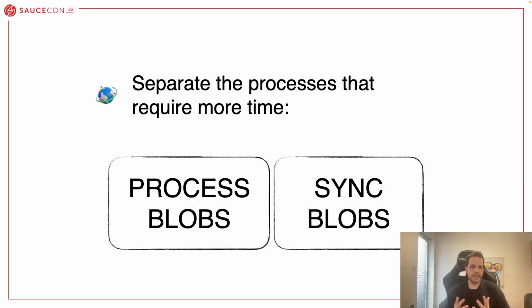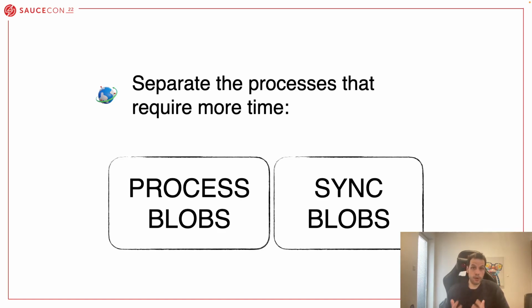Each time the test is executed, it will upload the results with the information to an intermediate system. Then we have two big processes. The process blobs iterates through the blobs in the queue and processes them by downloading the blobs from the bucket and compressing them to obtain the necessary information and storing it.